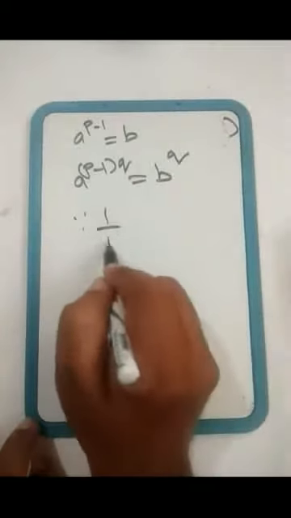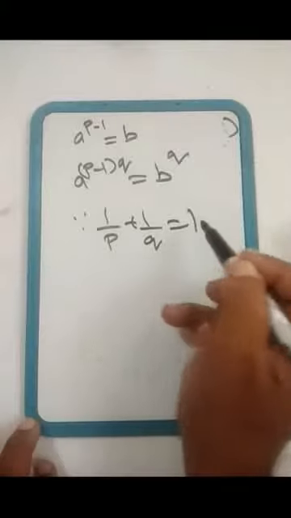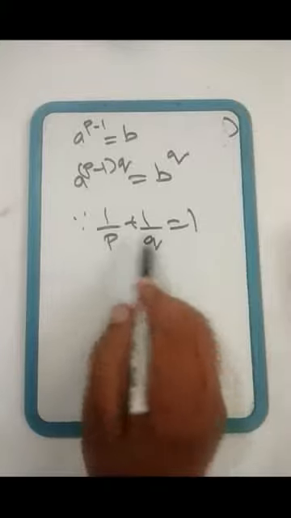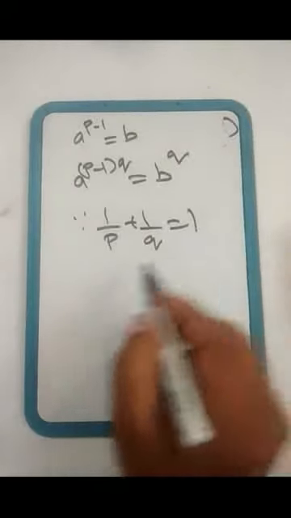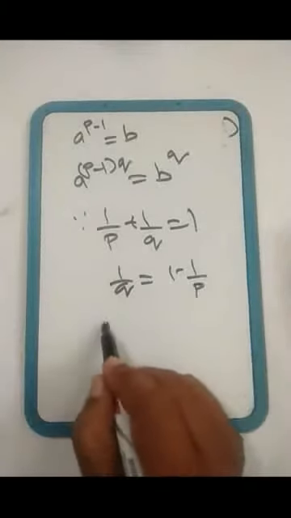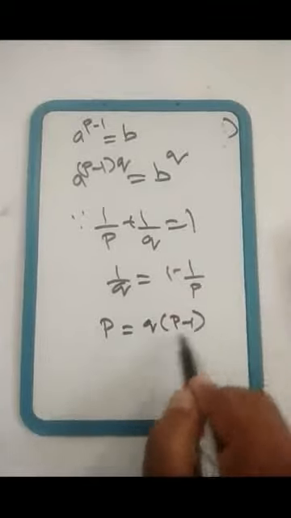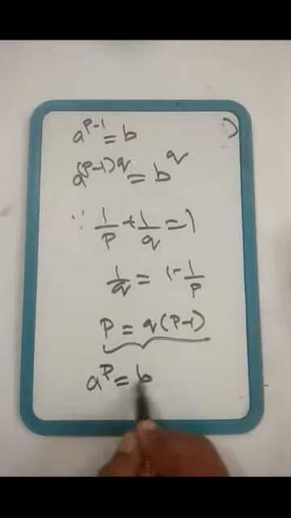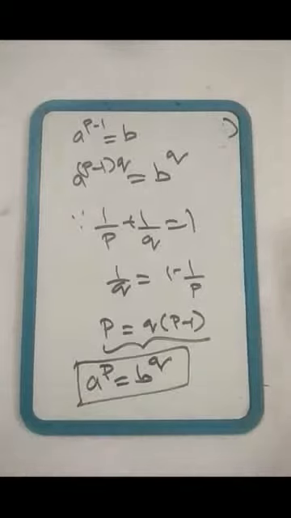But since 1 by p plus 1 by q is equal to 1, that forces p is equal to q times p minus 1. So this term is p. That forces a raised to p is equal to b raised to q. So we have come to the fact that if it is equality, then a raised to p is in fact b raised to q. So this is the case where, assuming equality, we are getting this thing.